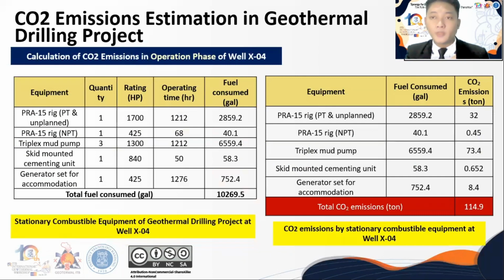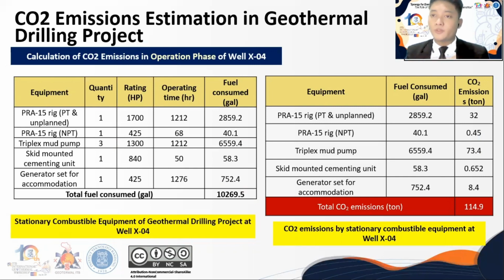In the operation phase, the specification and operating time of all stationary combustible equipment come from the case study of well X4. The operating time of the rig equipment like mud pumps, cementing unit, and genset for the accommodation was defined based on the drilling activity at well X4.